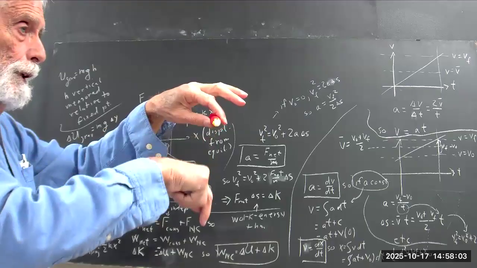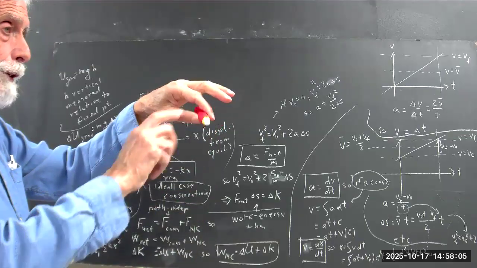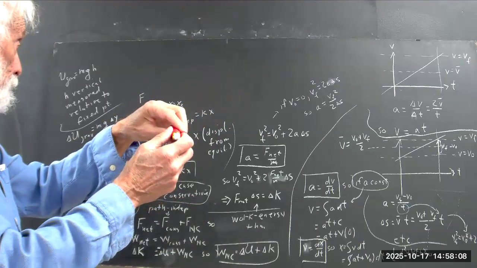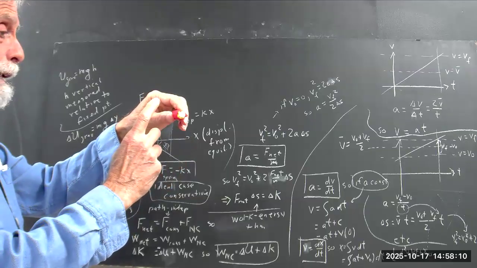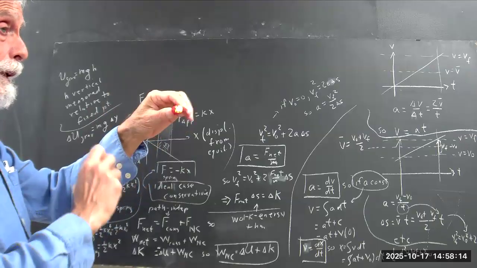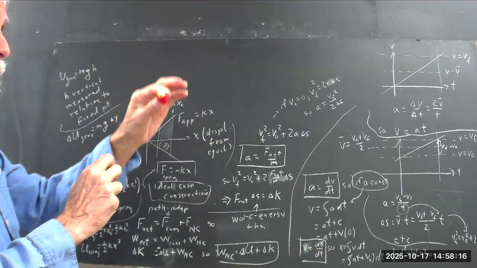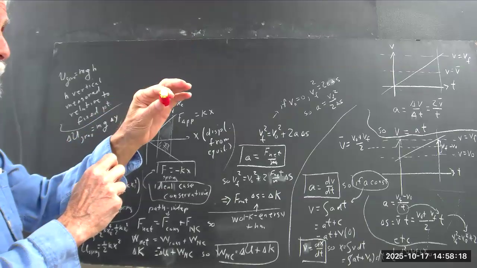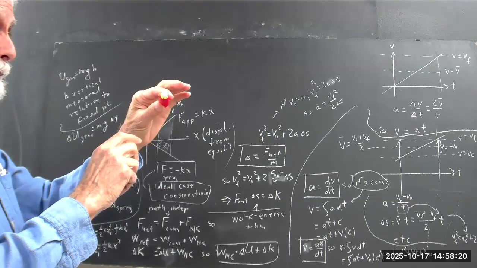Gravity is exerting a force mg in this direction on this mass. If I lift this mass, I'm doing work against gravity, so gravity is doing negative work on the mass. Okay.